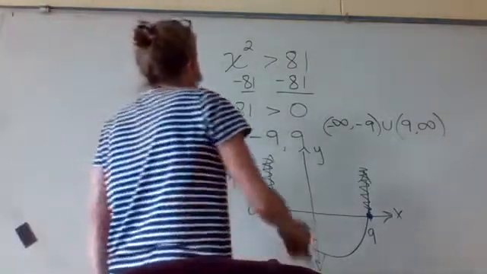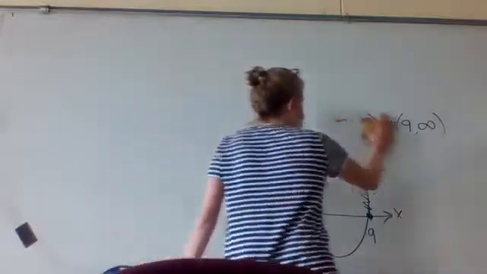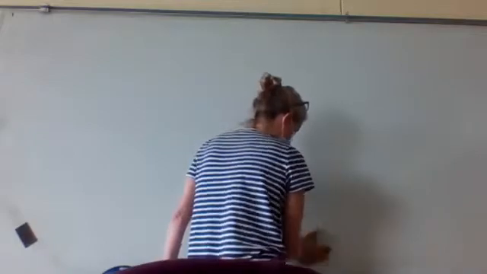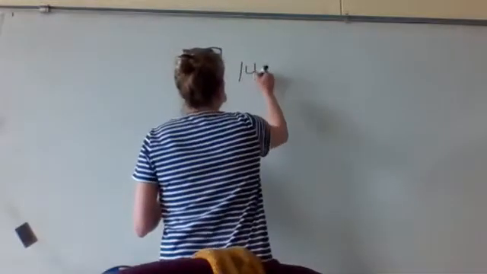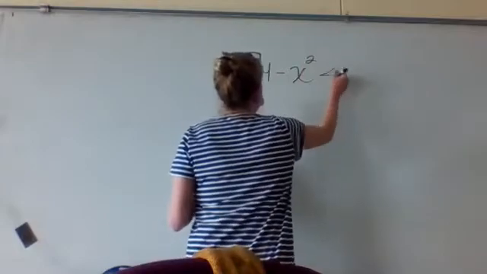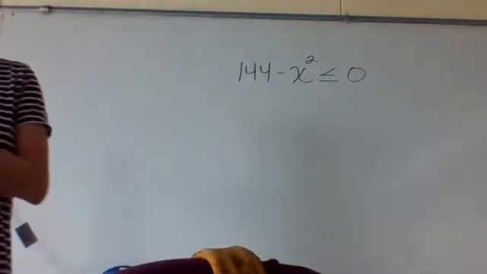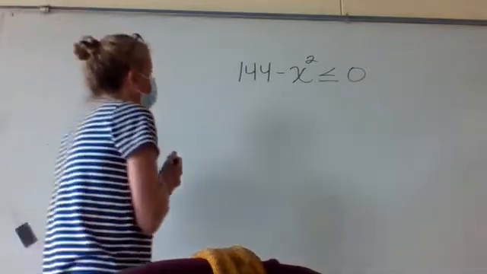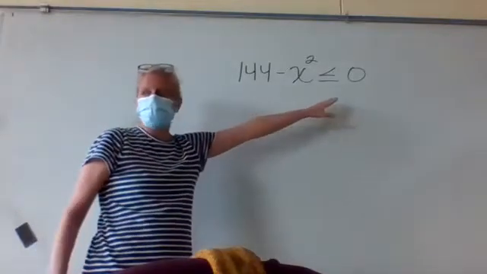All right, number 5. 144 minus x squared is less than or equal to 0. So it's already set equal to 0.